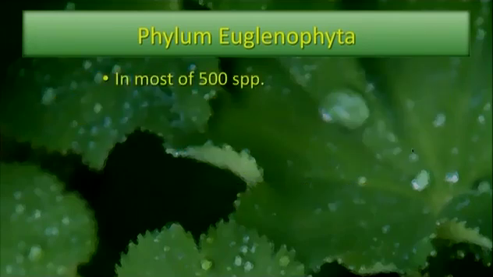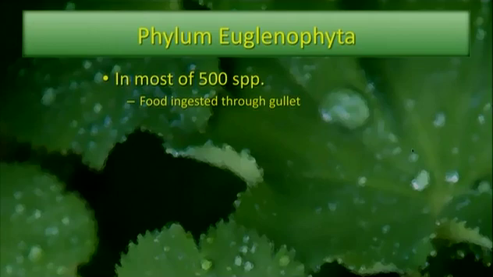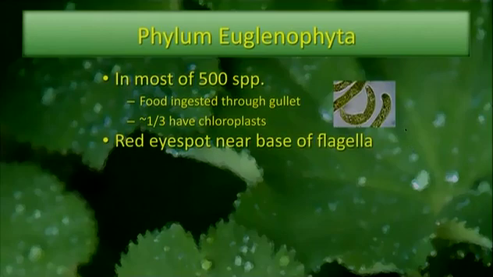Now, in most of the 500 species of Euglena, they ingest food through an organ called a gullet. But about a third have chloroplasts, and they have a red eye spot near the base of the flagella. You see that red eye spot there?